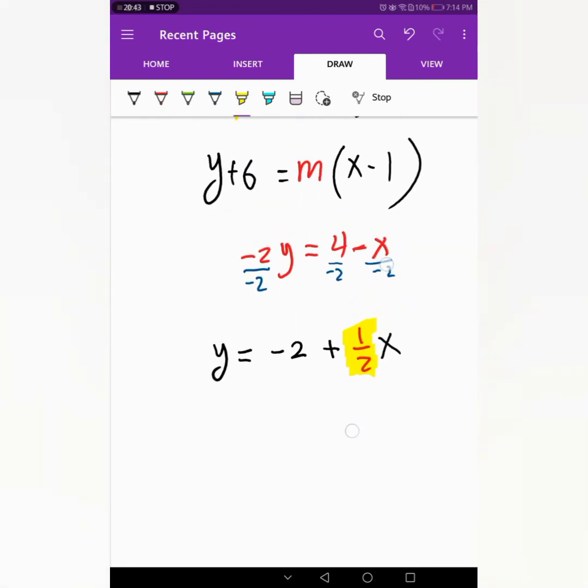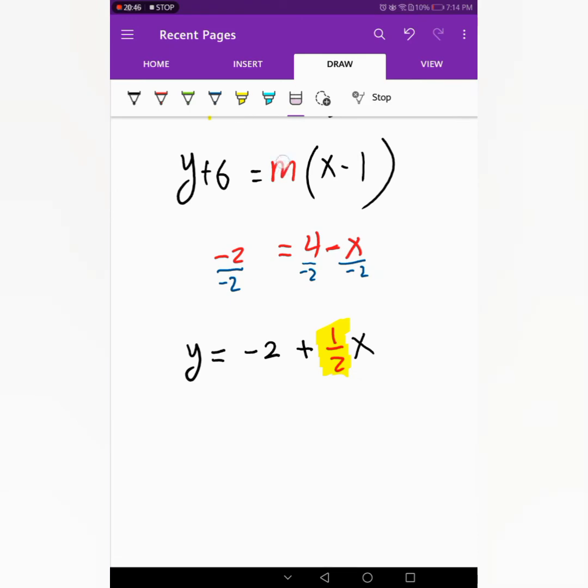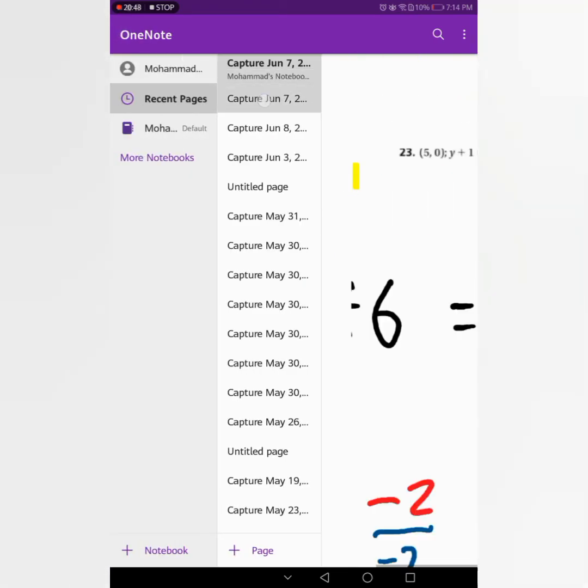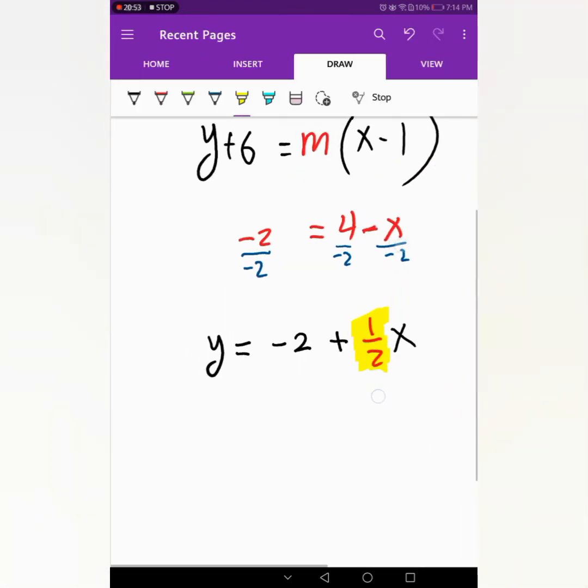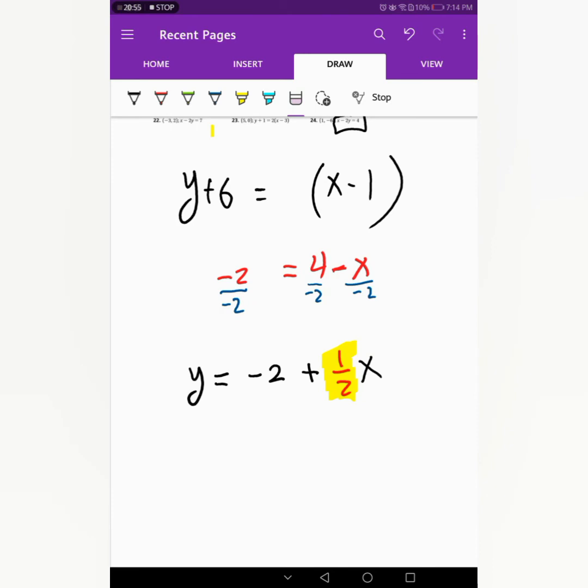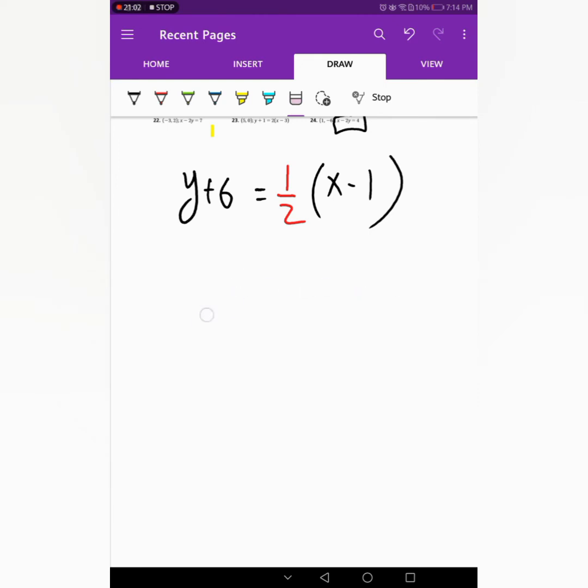I come back to the equation and write 1/2 here. Let me fix this problem, my dear student. Okay. Now I come back here and erase this and write 1/2. Now break the parentheses. Yaman, can you break this parentheses? Yes. 1/2 multiply x equals 1/2x. Bravo.